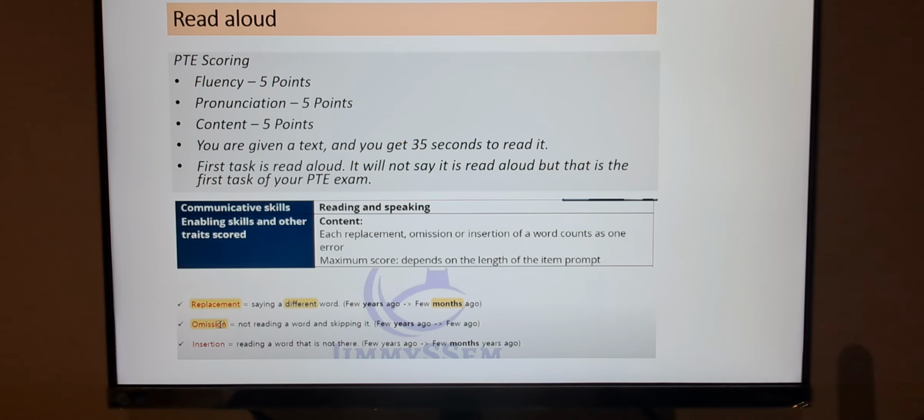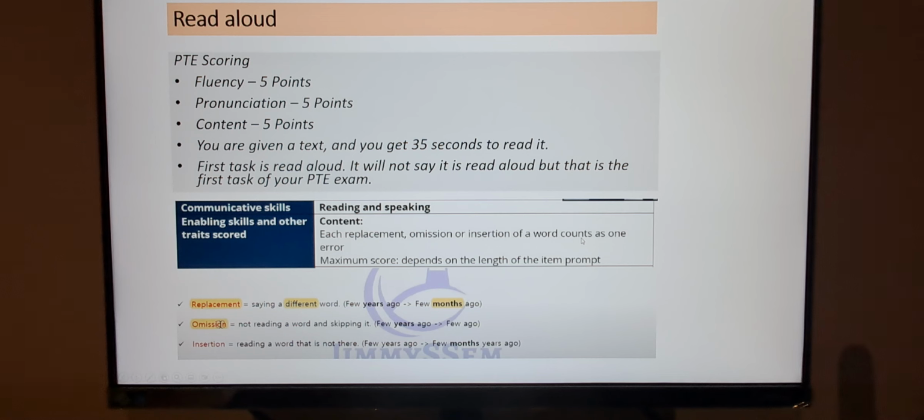So content, yes, many of you are writing to me in various channels, various social sites, asking whether we can replace a word, whether we can change the word to some other words. So PTE clearly says, if you see in the video over here, that for the content, each replacement, omission, or insertion of a word counts as an error.